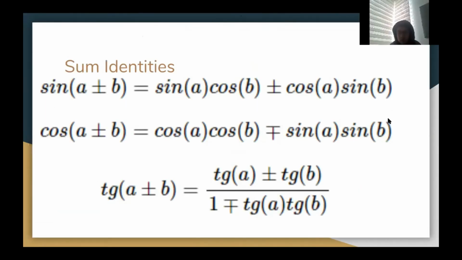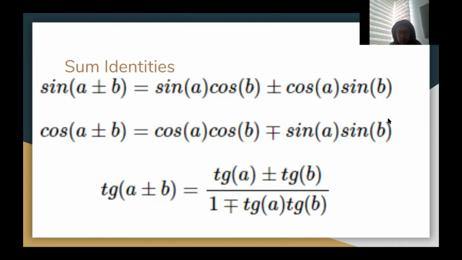Well, now the identities that we can use to verify identities. The first is sine of a plus or minus b is equal to sine of a multiplied by cosine of b, plus or minus cosine of a multiplied by sine of b.